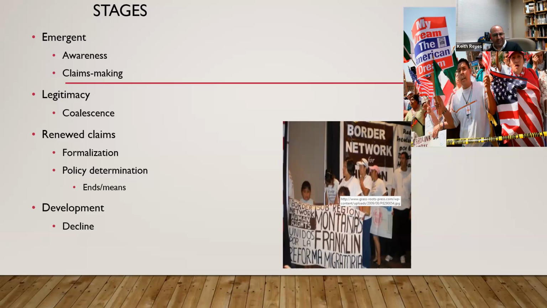And the last stage is the developmental stage, which is where you have these back and forth movements around the particular social problem that's been addressed. Specifically, if the means and the renewed claims around the social problem have been effective and led to a decline, then you ultimately have either the resolution of that social problem, which is very unlikely, or you have the development of other issues that present themselves in tandem with that development and how to address those things, right?